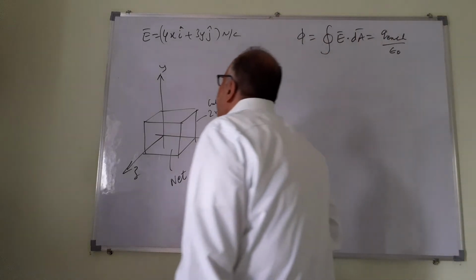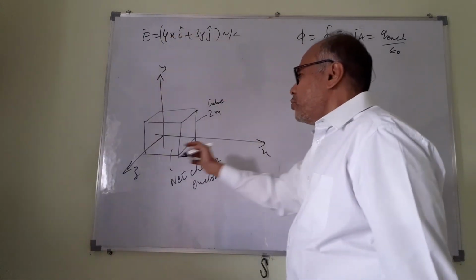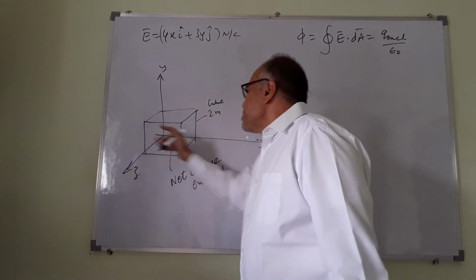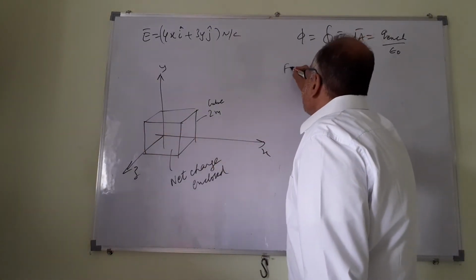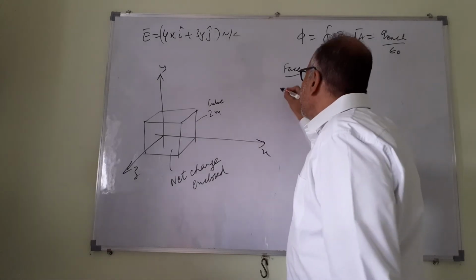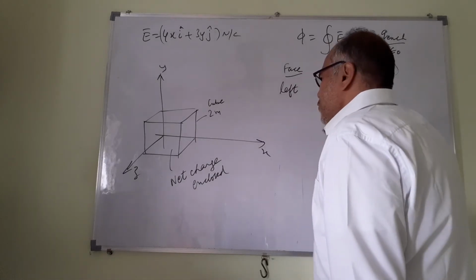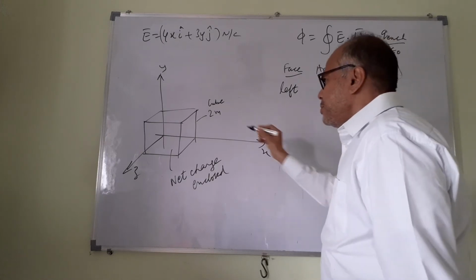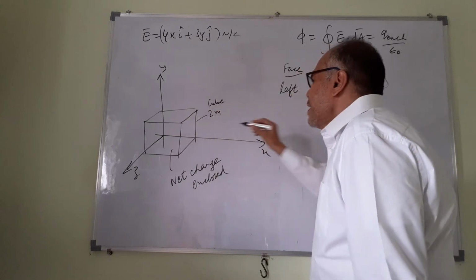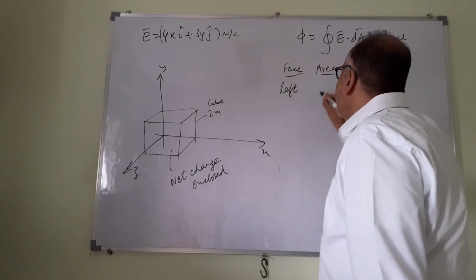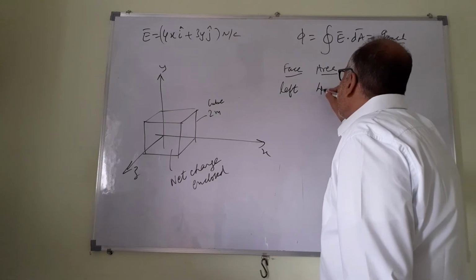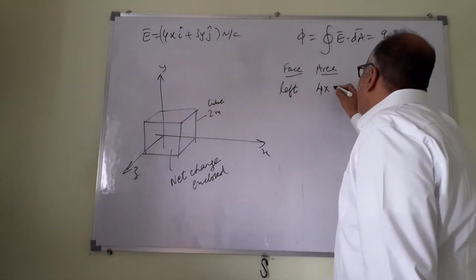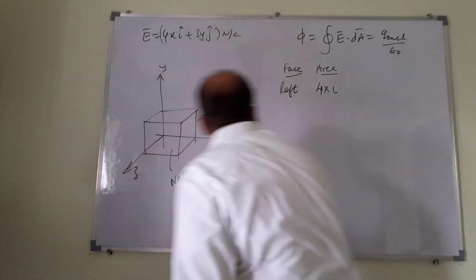To find E dot dA, let us list the faces. The cube has got 6 faces. First we will take the left face. What is the area vector? The area of the face is 4 meters squared, and the area vector will point in the minus i direction, so 4 into minus i.